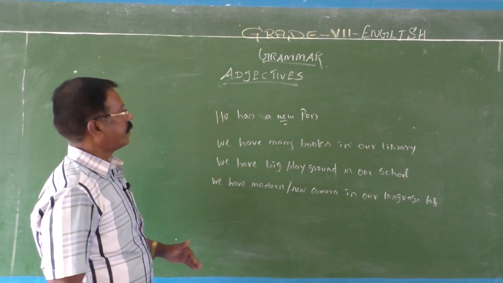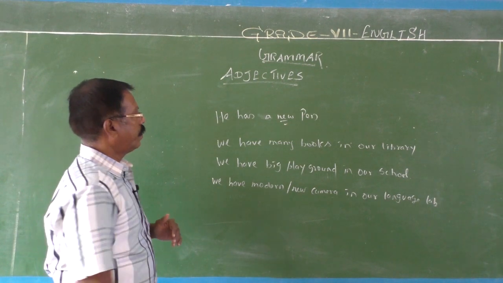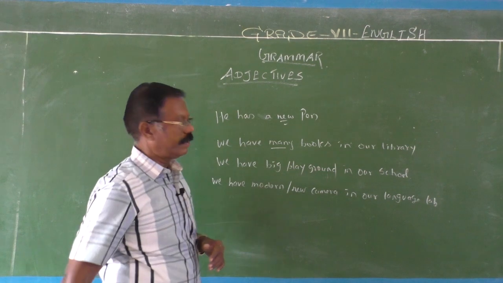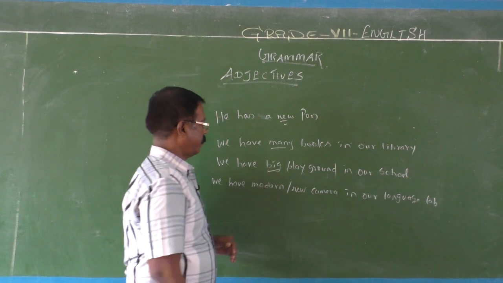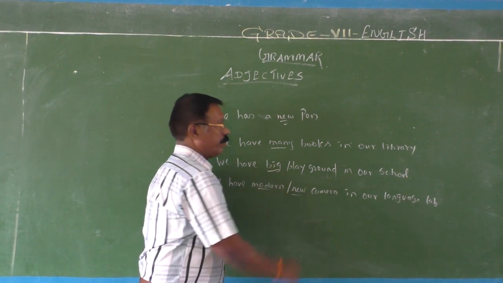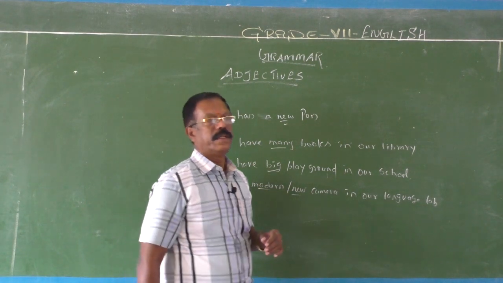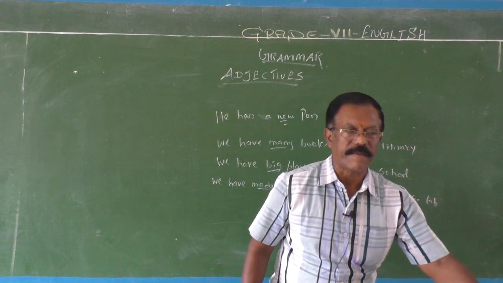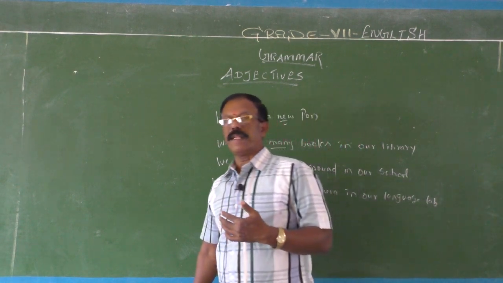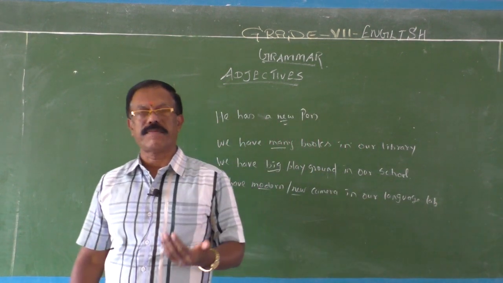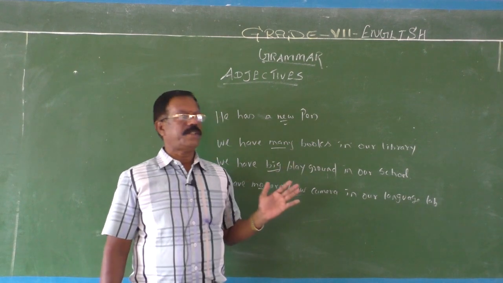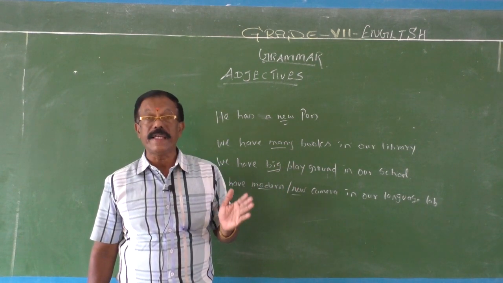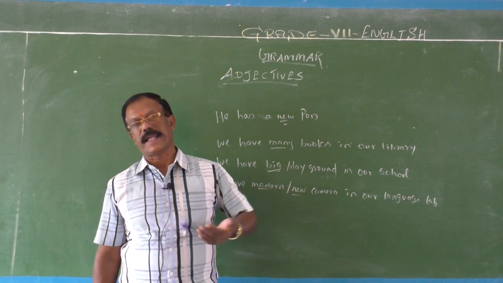So in all these sentences, the underlined words a, new, many, big and modern or new are all called adjectives because they describe the noun that comes immediately after them. These adjectives are normally placed before the nouns they describe.